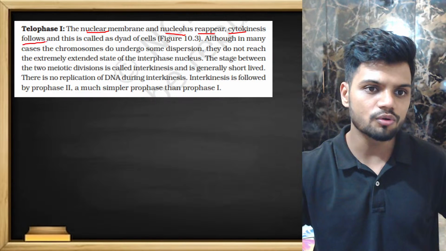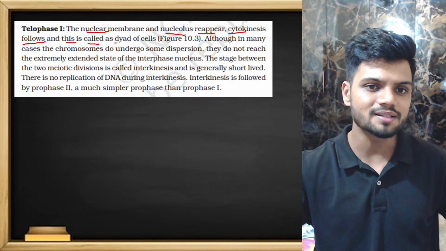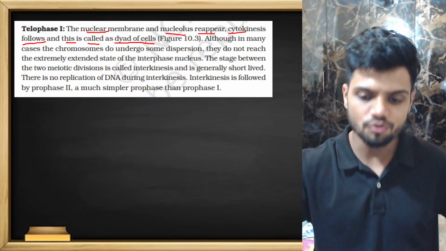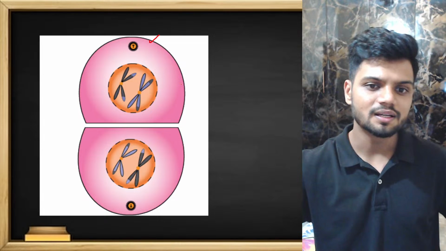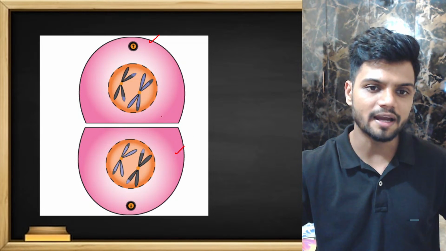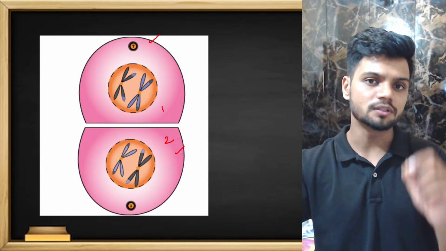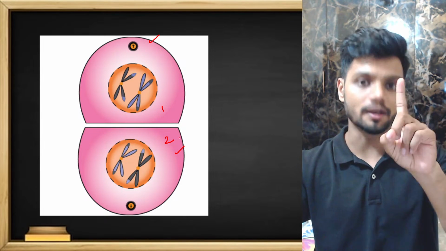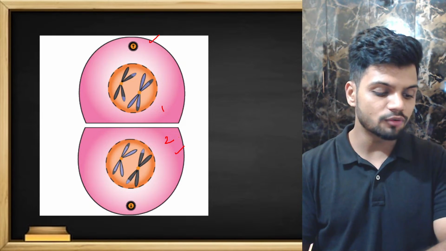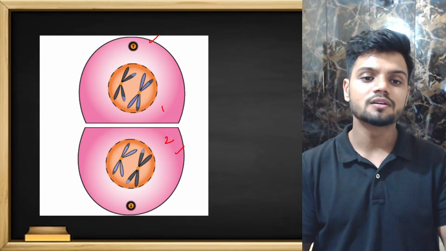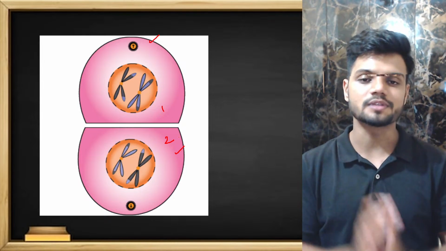Cytokinesis follows, and a dyad of cells is formed. Dyad means two. You can see two cells after telophase 1.